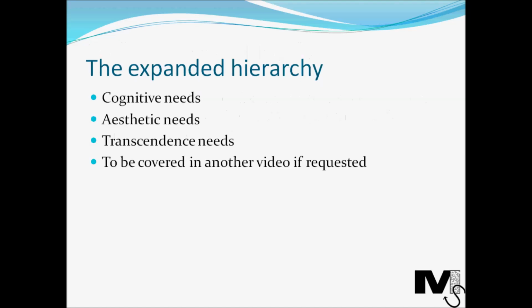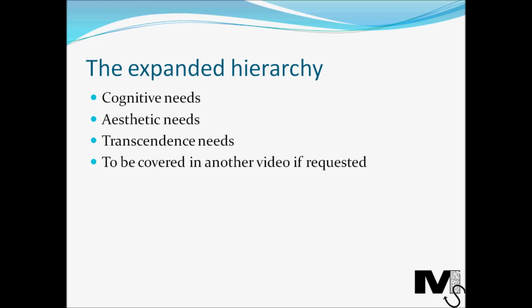Okay, now obviously it must have gone through your mind that there does exist an expanded Maslow's hierarchy of needs. The original hierarchy has been expanded upon to include things like cognitive needs, aesthetic needs, and transcendence needs.